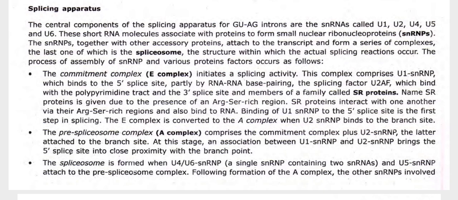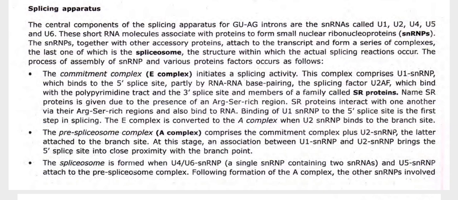The process of assembly of snRNPs and various protein factors occurs as follows. The commitment complex, the E complex, initiates the splicing activity. The complex comprises U1 snRNP, which binds to the 5' splice site partially by RNA base pairing, the splicing factor U2AF, which binds with the polypyrimidine tract and the 3' splice site, and members of a family called SR proteins.